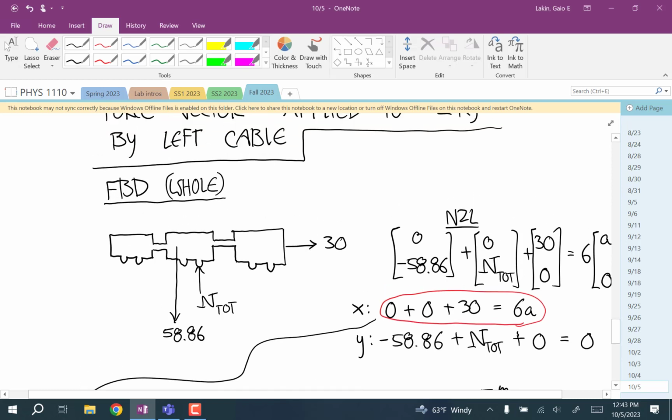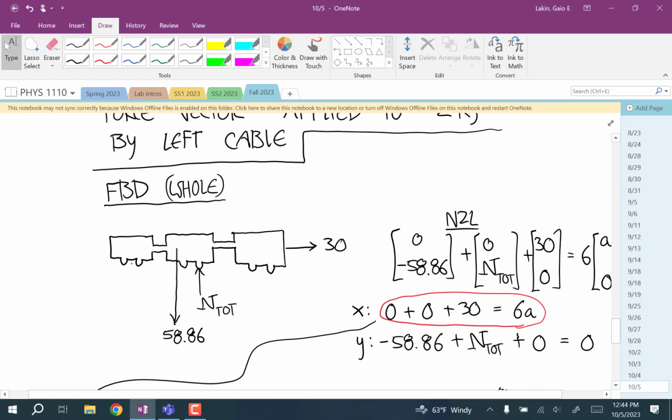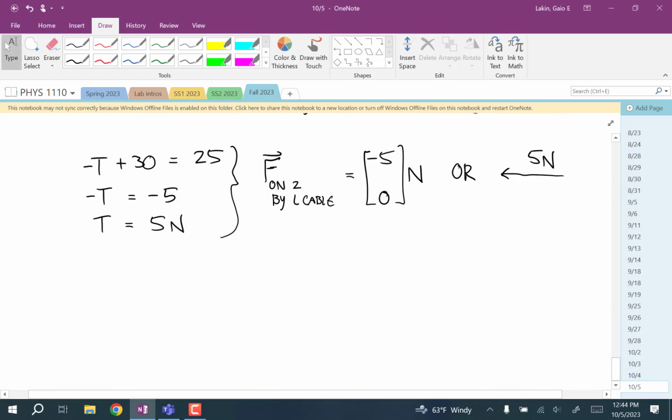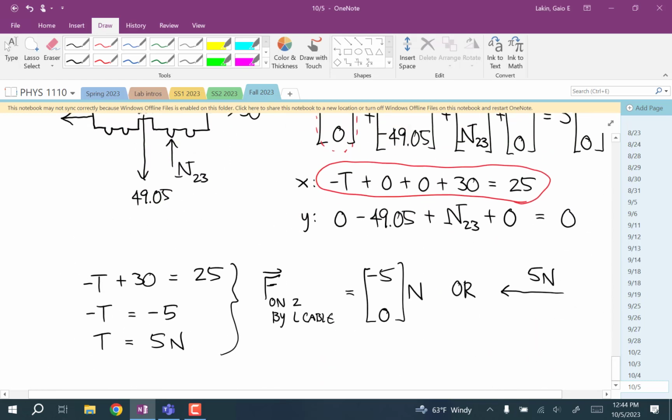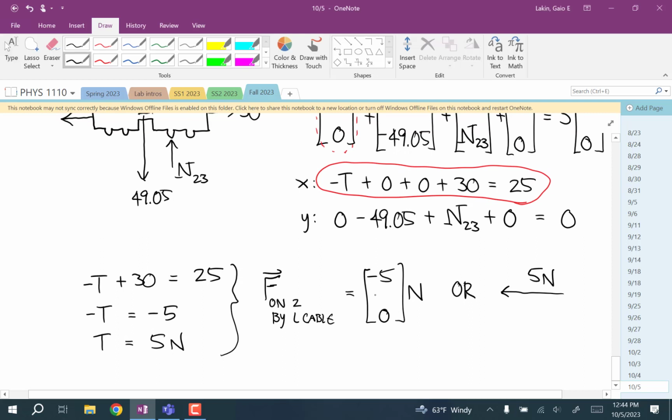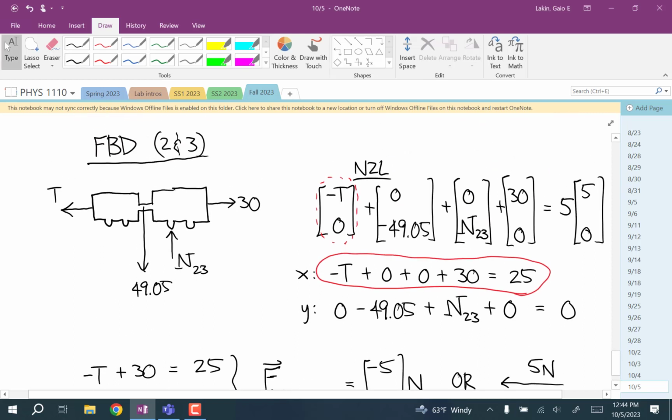What direction would that force be in? It would be in the positive x direction with a magnitude of 5. And then we would know that if we want the force that cable applies to the 2 kilogram cart, the direction would be switched. So we could have gotten the exact same answer that way.